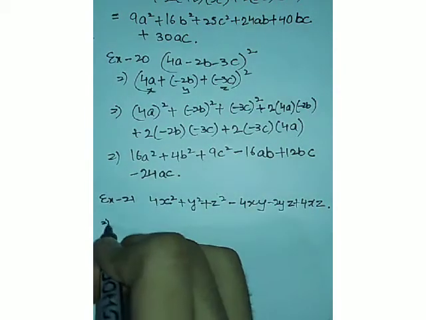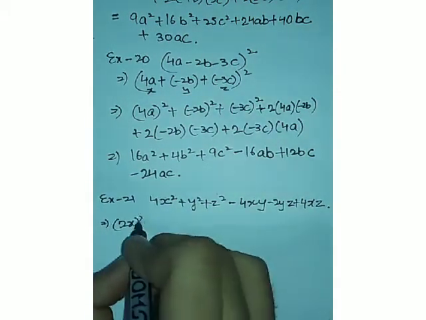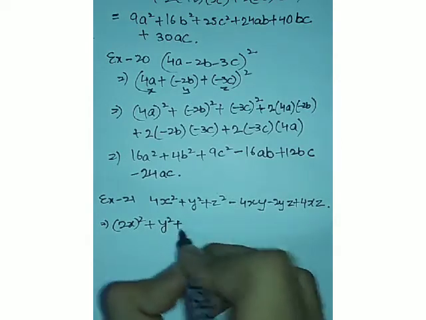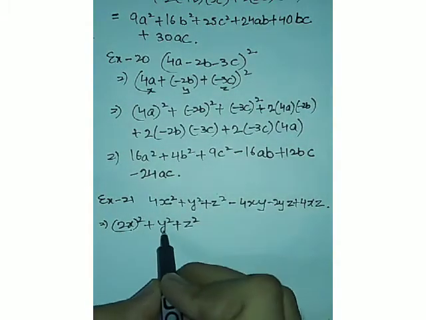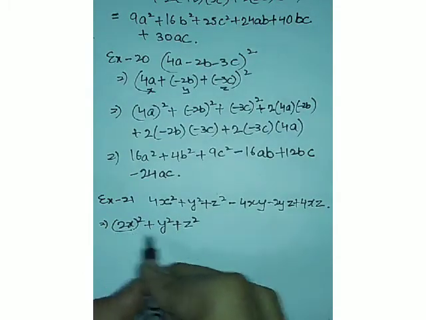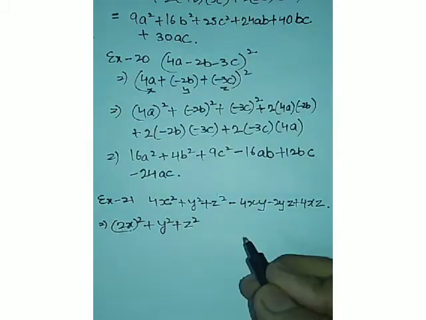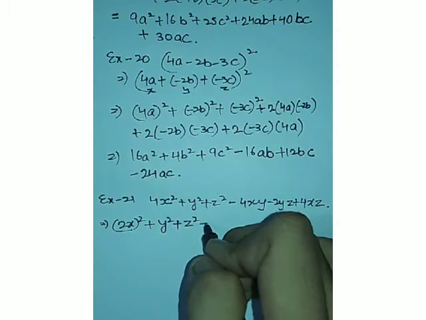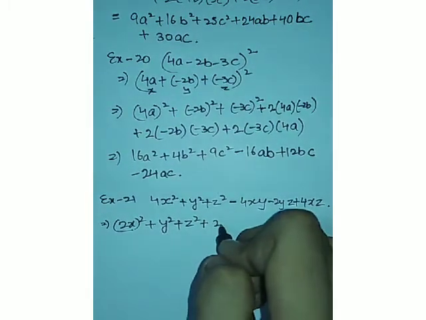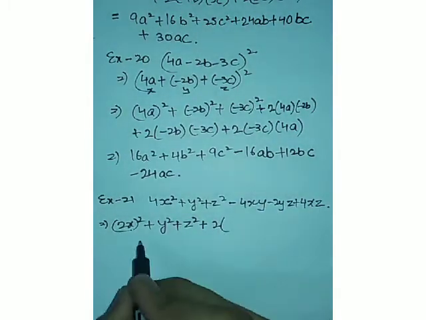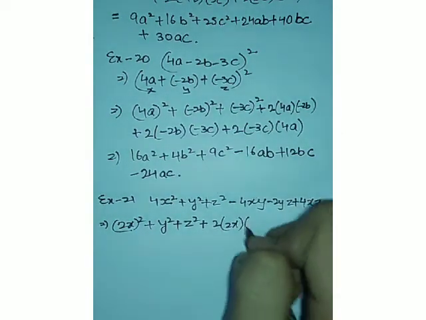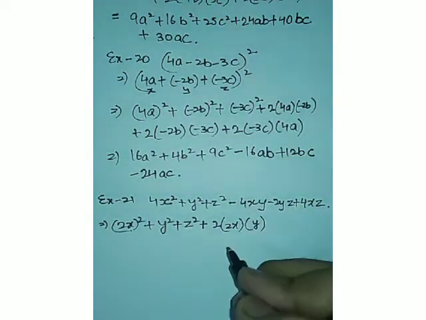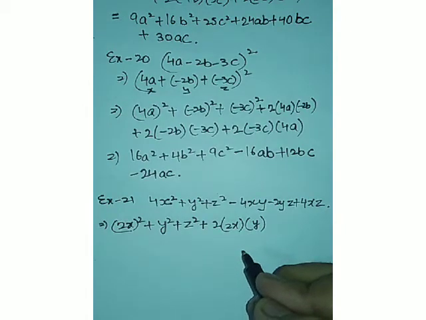So firstly convert it to the square. 2x whole square plus y square itself plus z square itself. All right. Now this is our a, this is b, or you can say this is x, this is y, this is z. What was the next term? 2xy, plus of 2xy. Now what is x? That is 2x. What is y? That is y. We also have to adjust the negative sign as well.